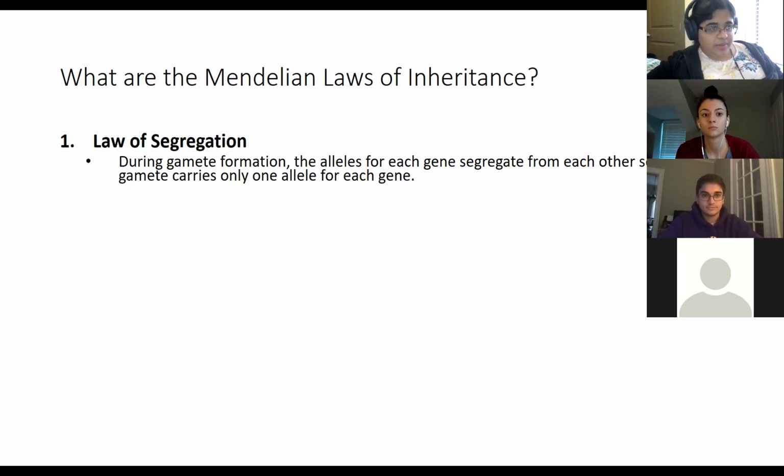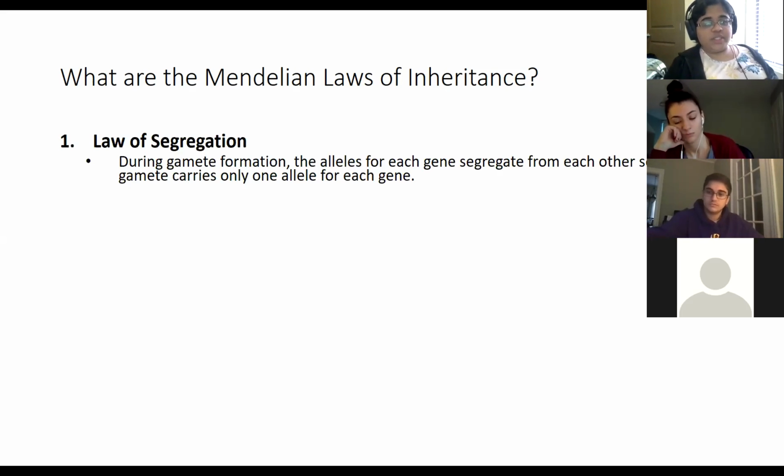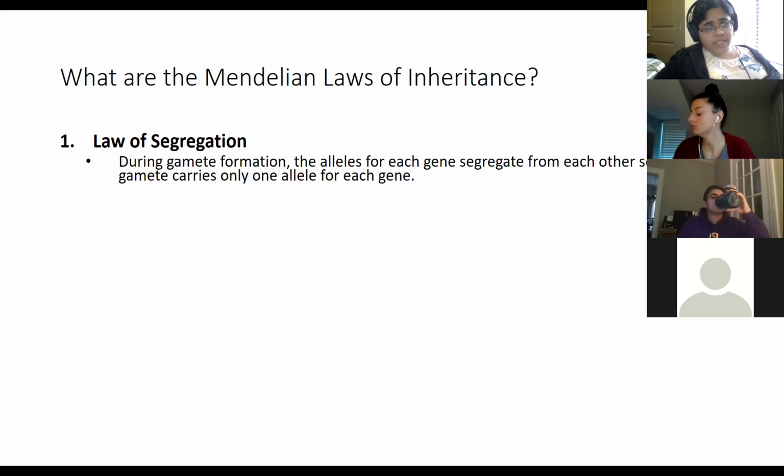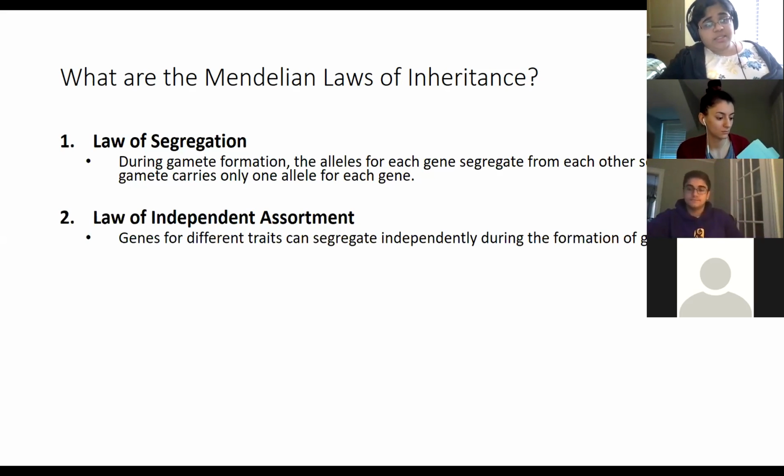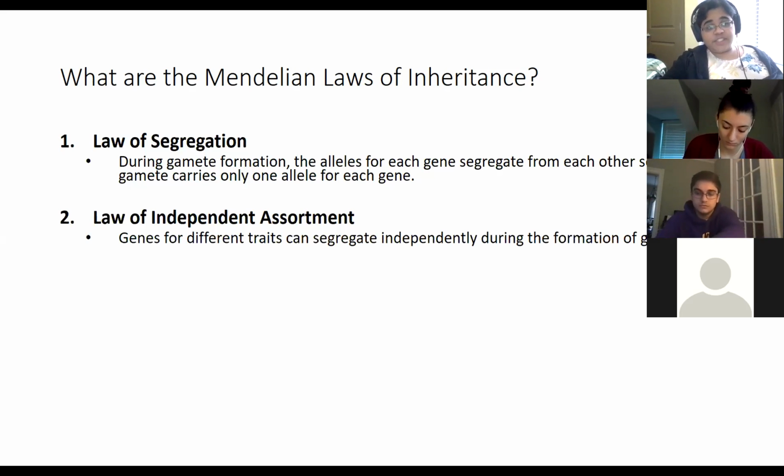So I kind of put it out of order here, but the law of segregation is essentially that alleles for each gene segregate from each other, so that each gamete ends up with only one allele. Then the law of independent assortment involves genes of different traits separating out independently.